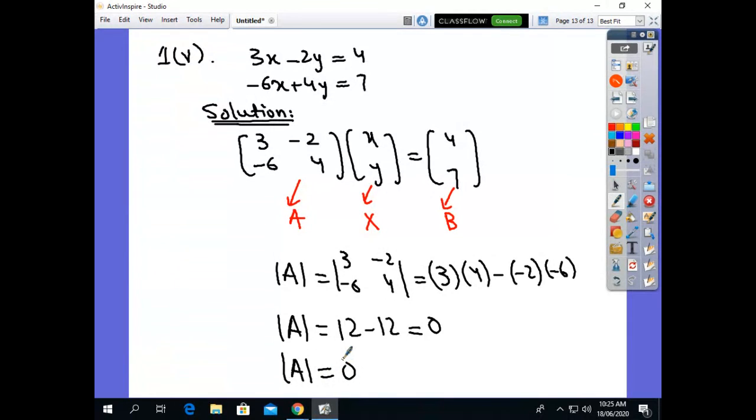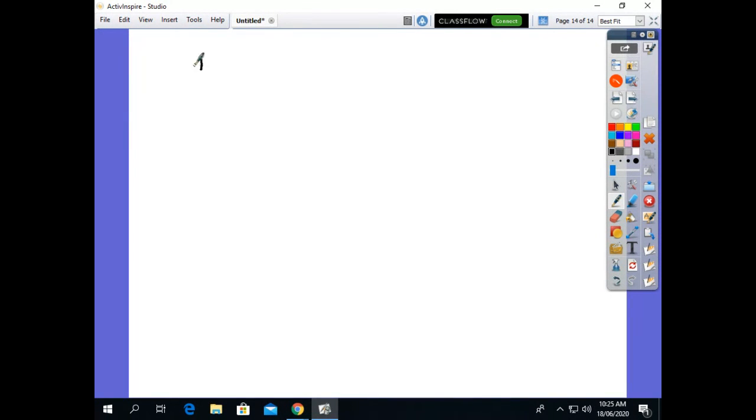Determinant of matrix A becomes 0. Therefore, solution is not possible.